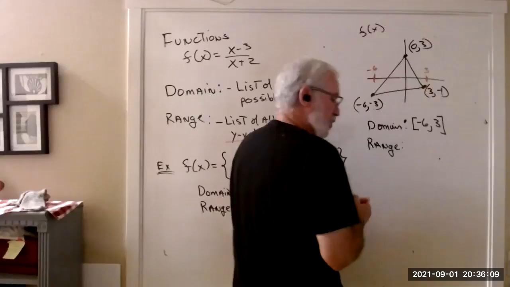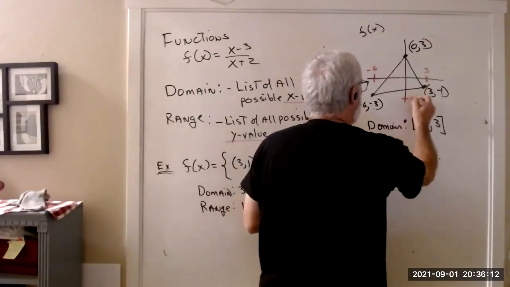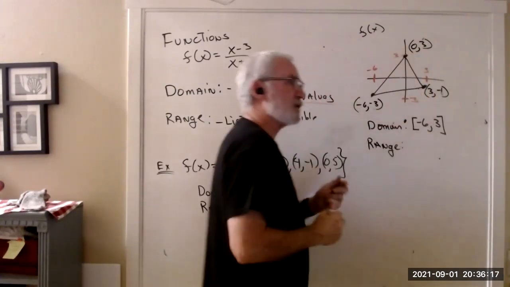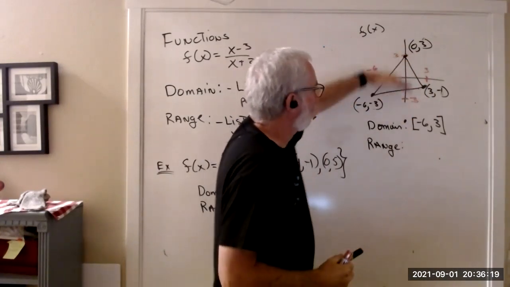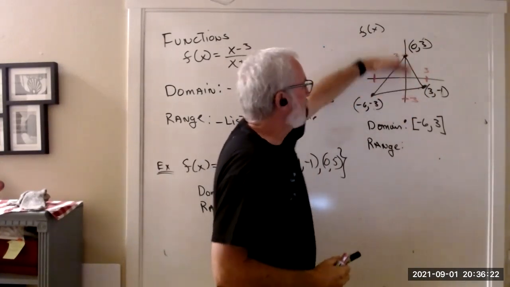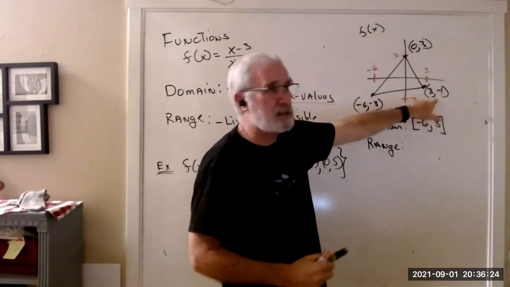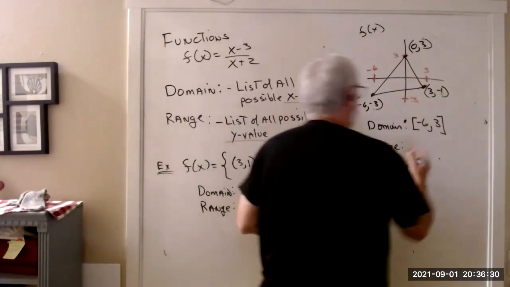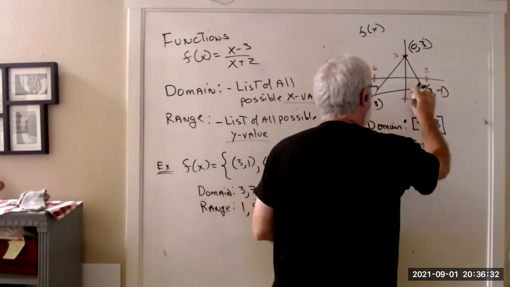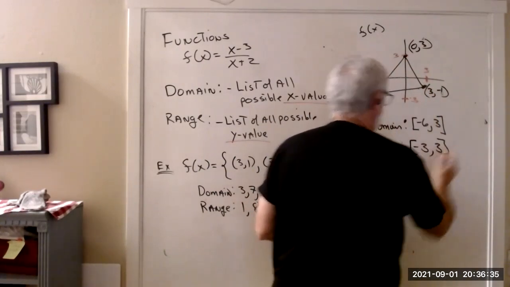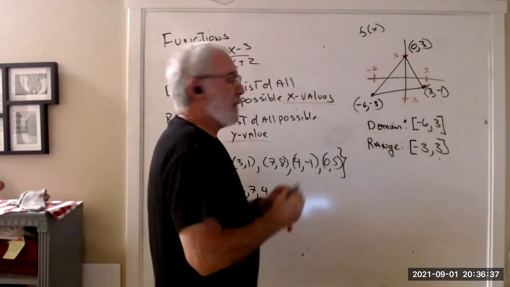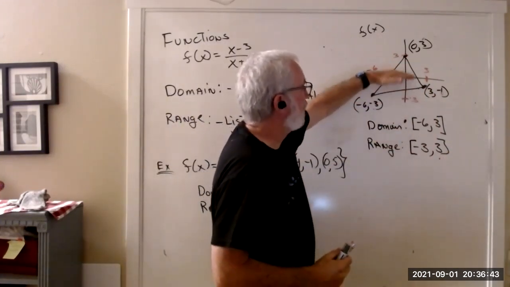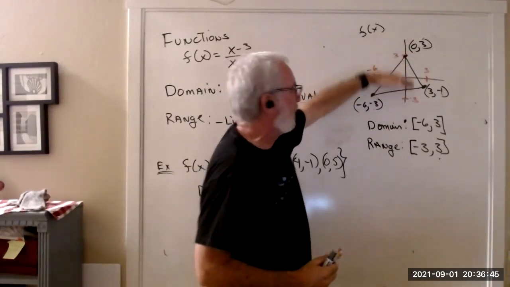So the range goes from -3 to +3. The range on this picture, all of the y values are everything between -3 and +3, and it picks up that automatically. The -1 is just automatically included. So for the range, we say from -3 up to +3. And we have to use interval notation because we have an infinite number of fractions and decimals, everything in between those two numbers.